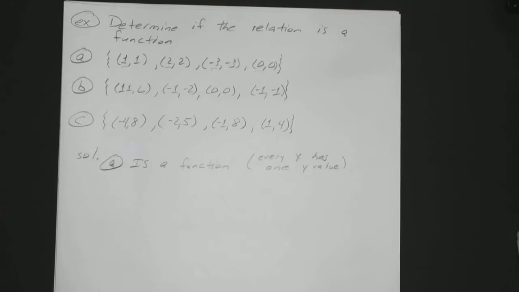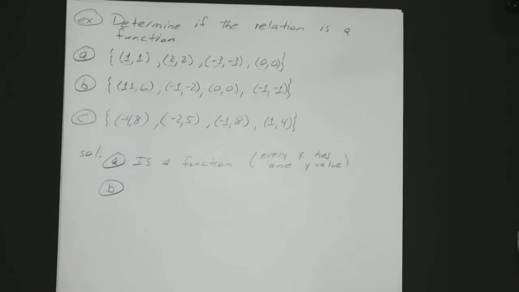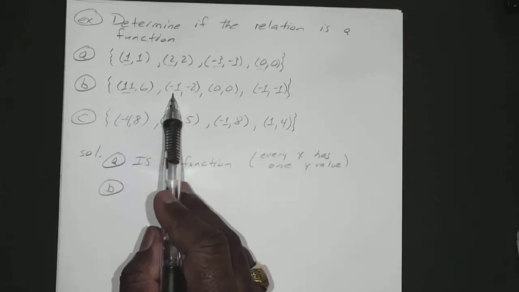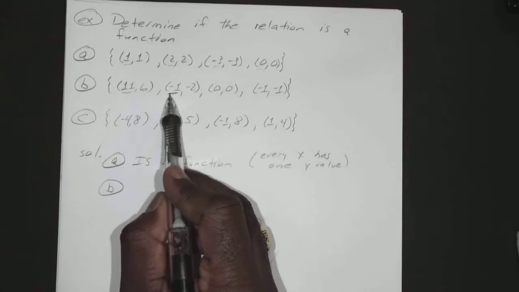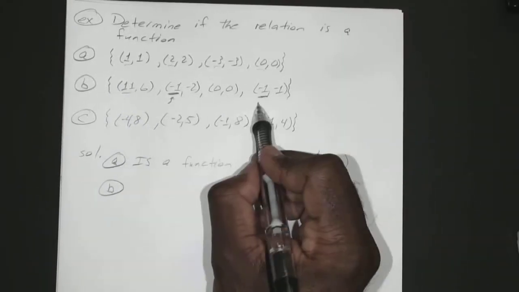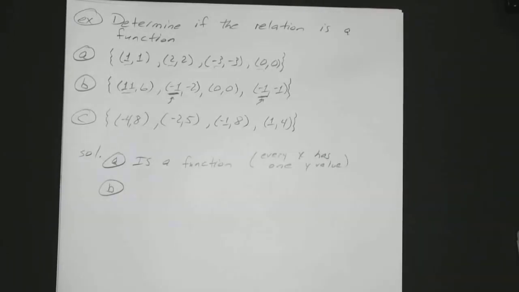Okay. So we do the same thing for B. You have 11. You only have one y value for 11. It doesn't appear anywhere else. With -1, that actually appears a second time with 2 different y values.